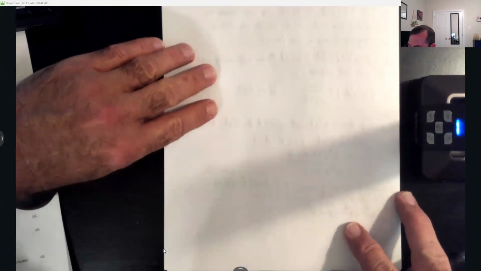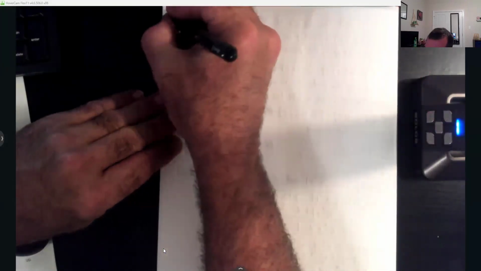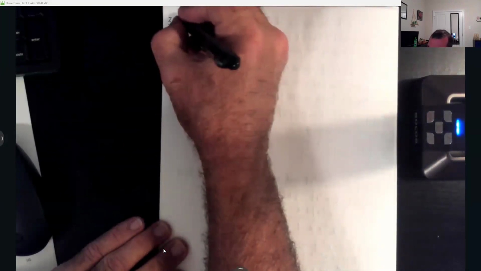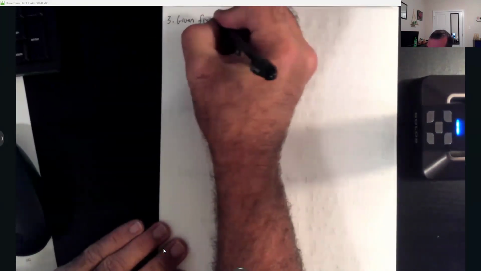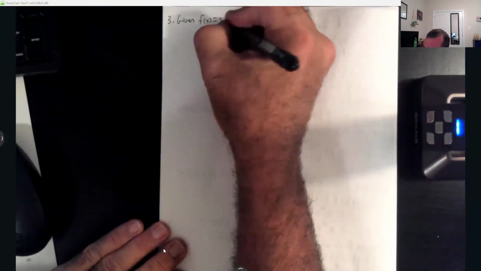Hey, y'all, so let me throw you a little curveball here. So what am I on, number 3 for me? Yeah. So let me throw you a little curveball here. So we're given f of x equals x squared minus 4.